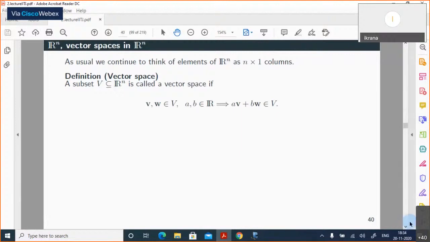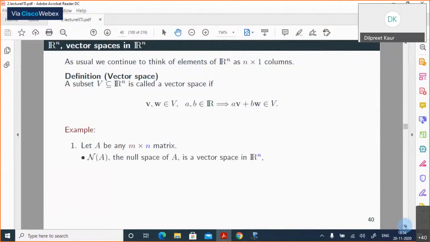So we find what a vector space is. Let us look at N of A, the null space. It is a vector space in Rn.